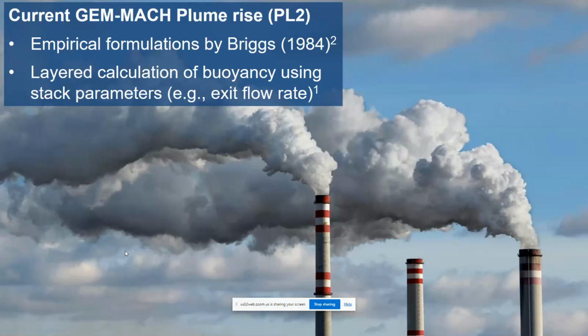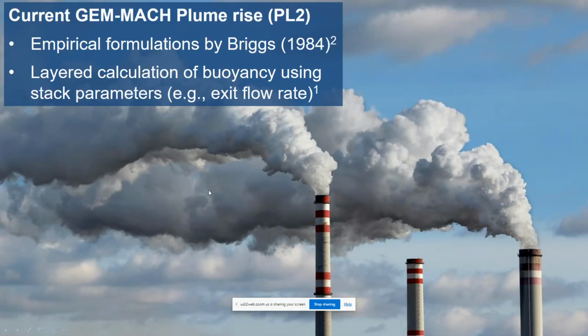So the GEM-MACH model is a fully coupled online regional air quality model with physical and chemical process representations. It has a subgrid parameterization algorithm for determining the plume rise from various sources, including tall industrial stacks from which high temperature and buoyant effluents are released, which rise sometimes by a few hundred meters above the stack top.